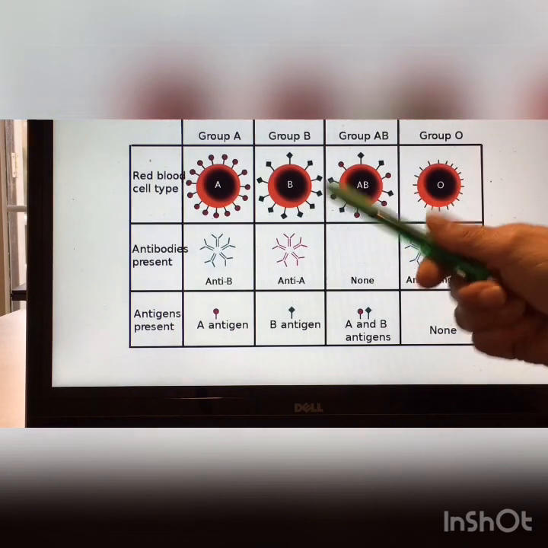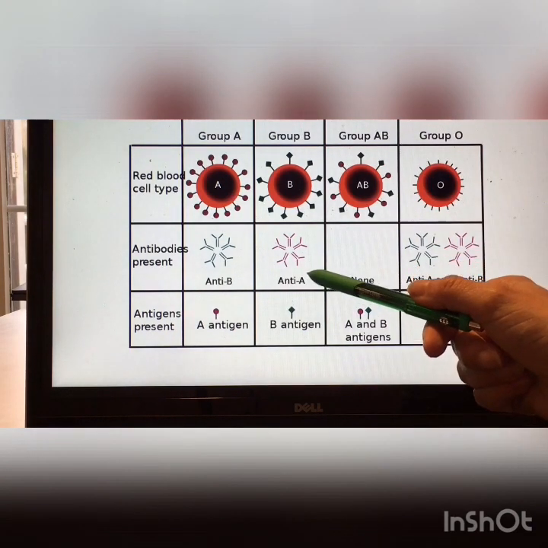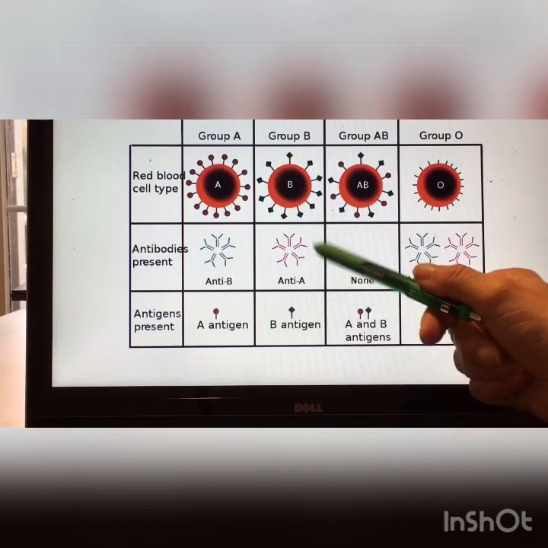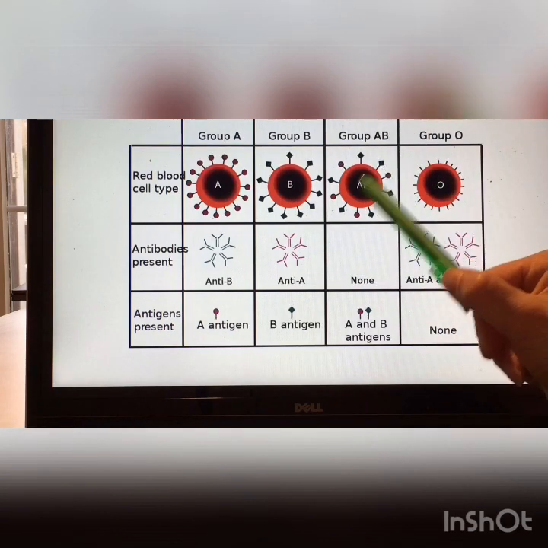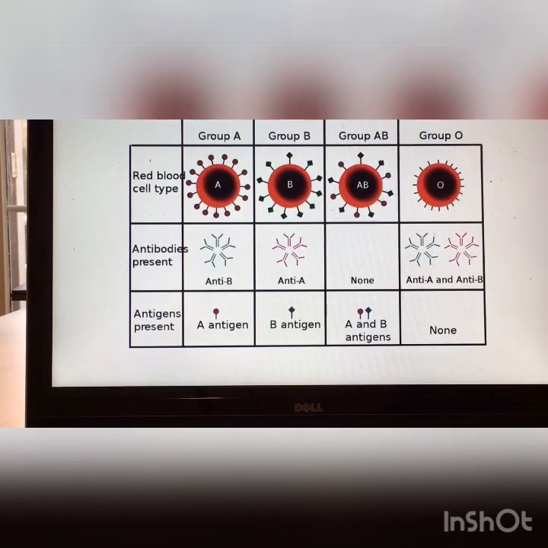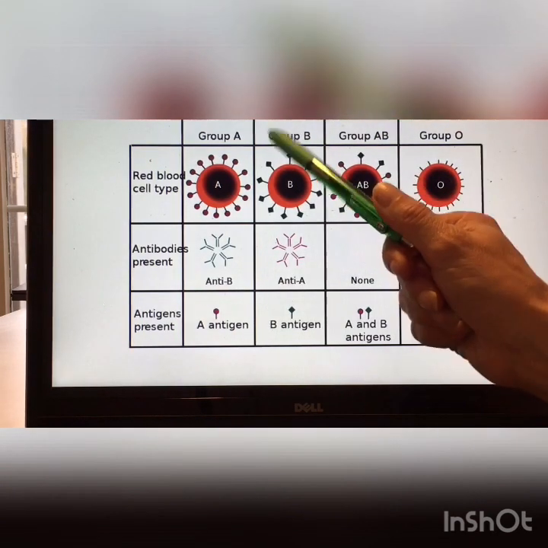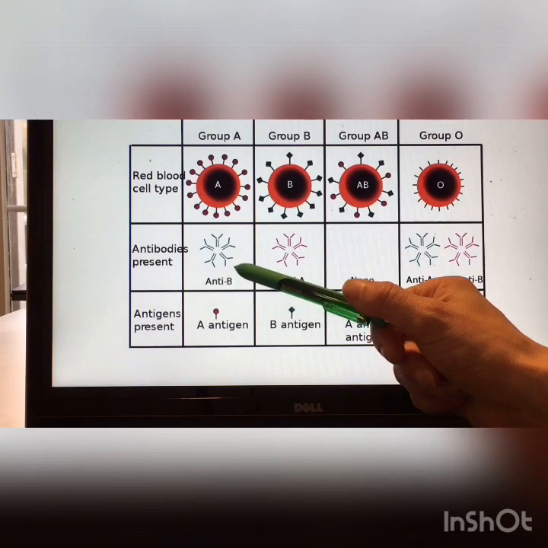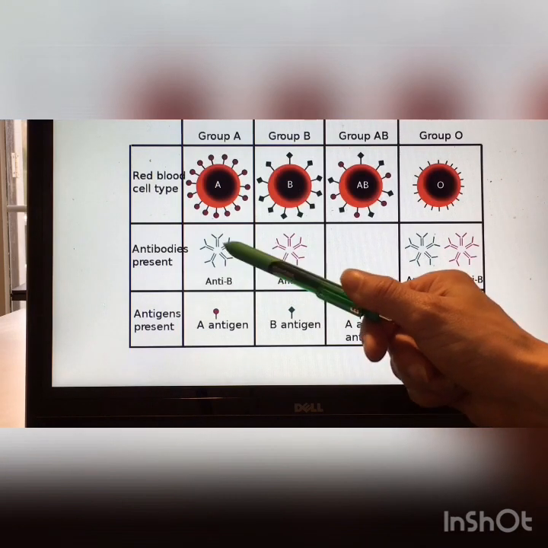If you have blood type B, you make antibodies for A, and that means that your blood will attack the blood that is transfused into you. If you have type A, you make antibodies for the B protein.